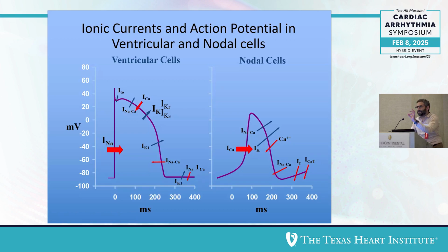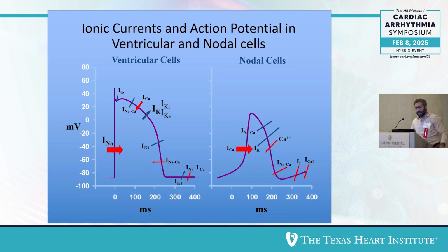Potassium has positive current, and so when your positive current leaves the cell, what happens now? This is going to go up or down. You're going to come back down here because you're losing potassium, you're losing positive current, and the inside of your cell is becoming more and more negative. So when you open potassium channels, the voltages start coming down, and you start going back to where you started, which is repolarization process, and you're ready for the next heartbeat.